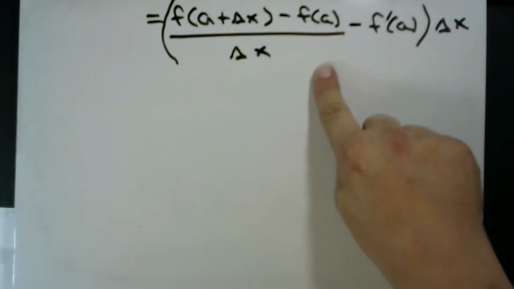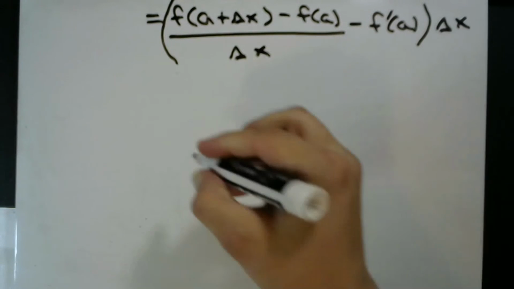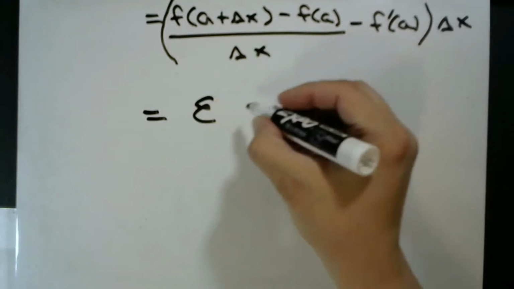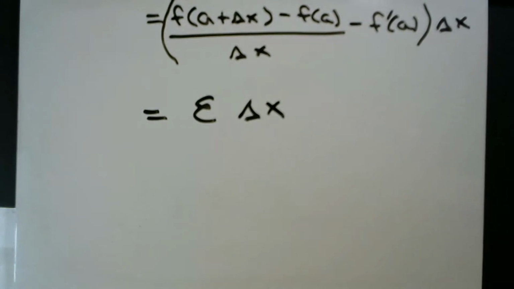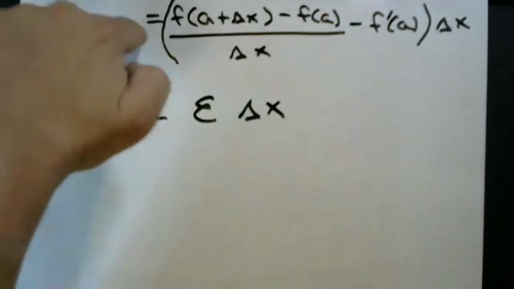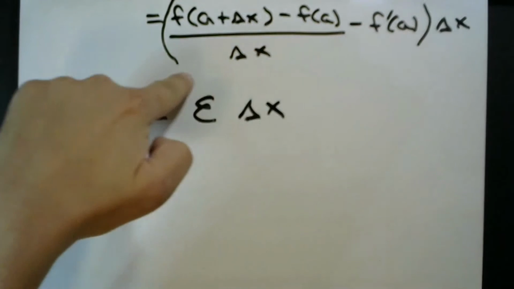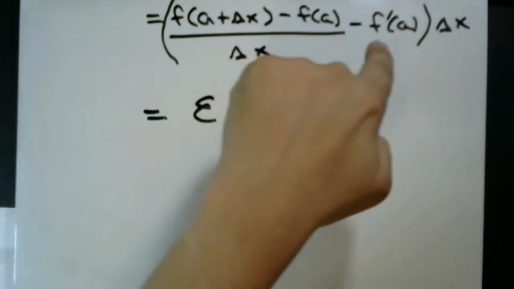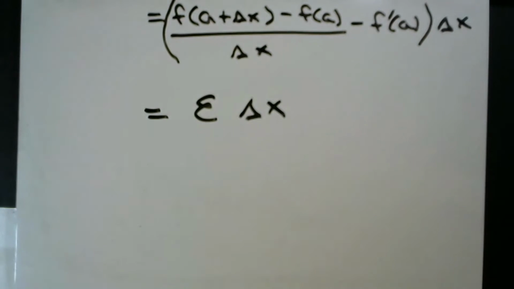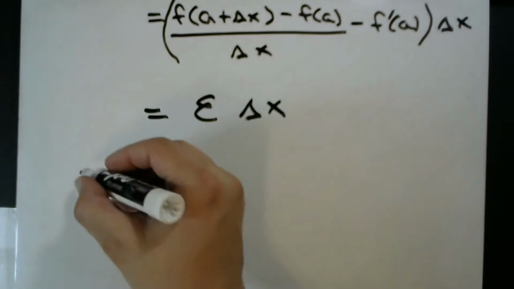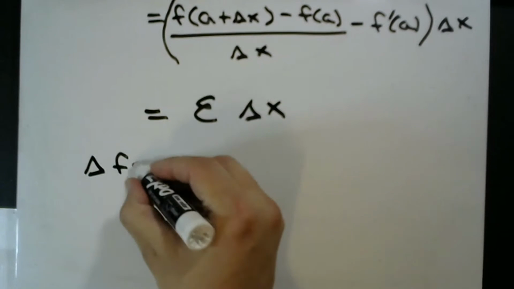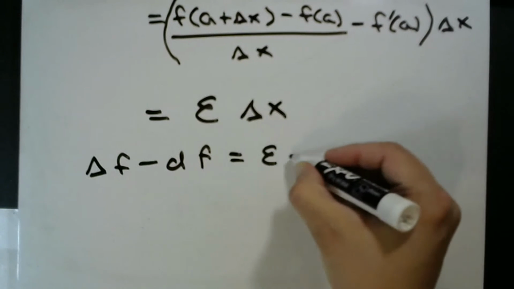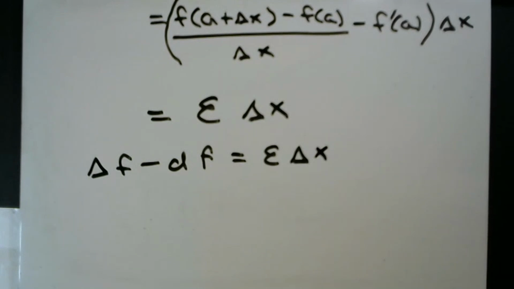And so the approximation of this derivative, the difference between the approximation and the real thing, we're going to call that epsilon. So this whole thing, the derivative, its approximation, in other words, we took the limit away. The difference between the approximation and the real derivative, we're going to call that epsilon. So this means delta f minus df is equal to this epsilon delta x.